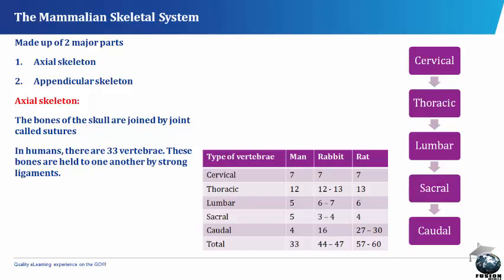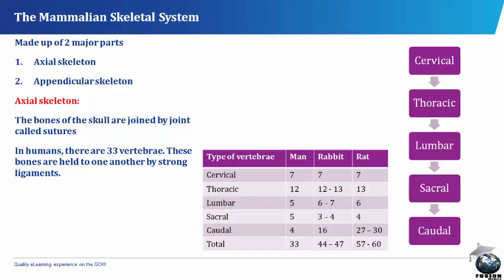The bones of the skull are joined by joints called sutures. In humans, there are 33 vertebrae. These bones are held to one another by strong ligaments. In between consecutive vertebrae are compressible cartilage pads known as intervertebral discs, which allow the vertebrae to move slightly.